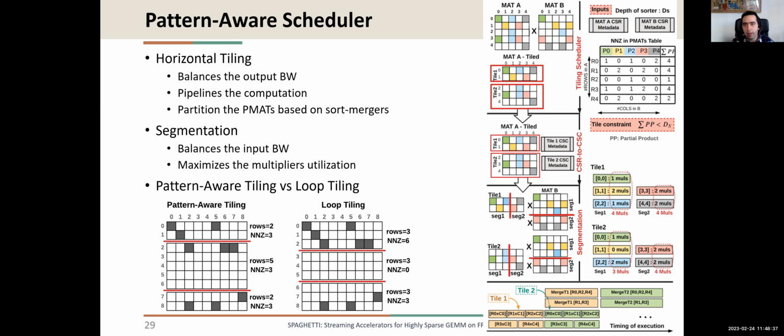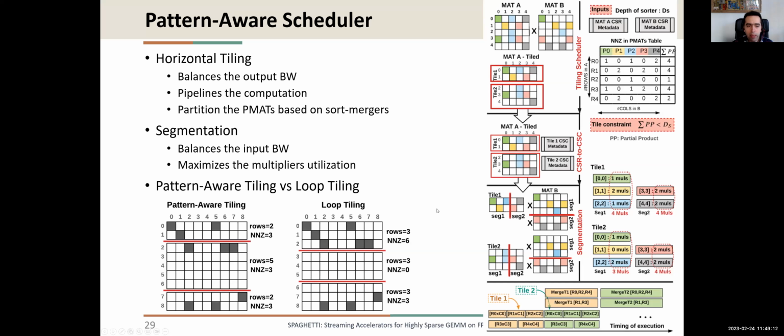Once it extracts the size of the first tile, then it can let the accelerator start doing the multiplication of first tile, and at the same time the scheduler starts extracting the second tile, tile 2, right? So everything is in a pipeline. We're not doing the tiling first, and once it's done, then we start doing the multiplication. No, it can be in parallel with actual multiplication in hardware.